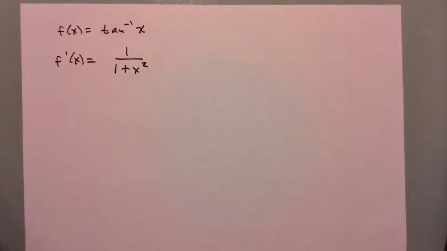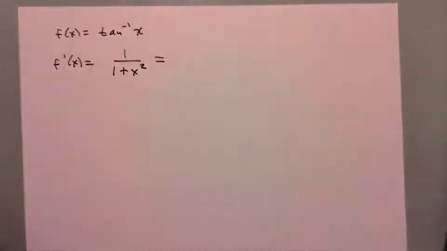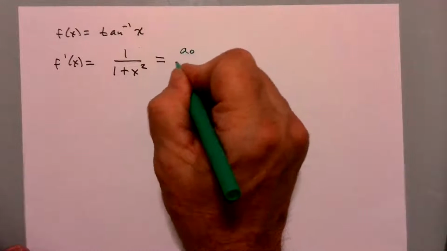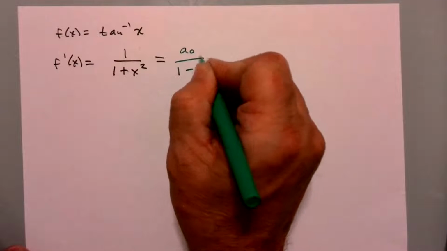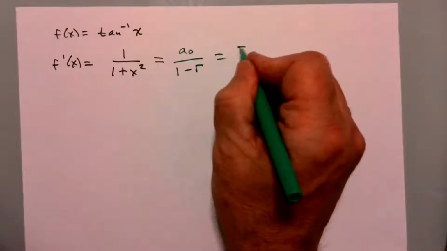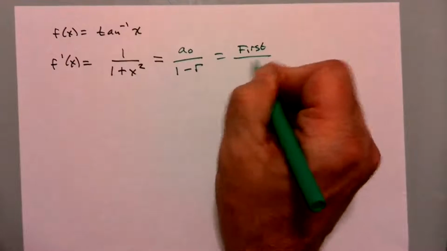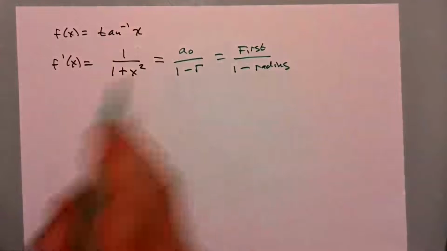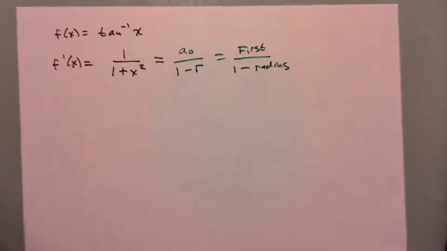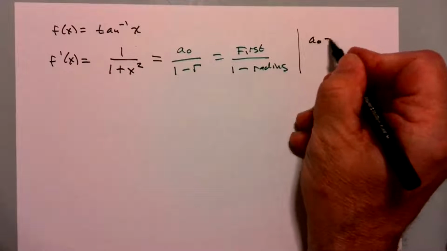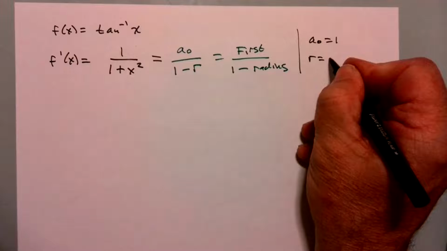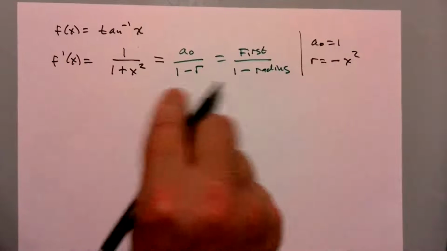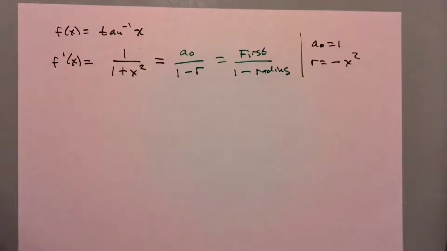And let's think about this as the form of a naught over 1 minus r, first term over 1 minus the ratio. So if that's correct, my first term here is 1. And my ratio is negative x squared, right? 1 plus x squared is 1 minus negative x squared.